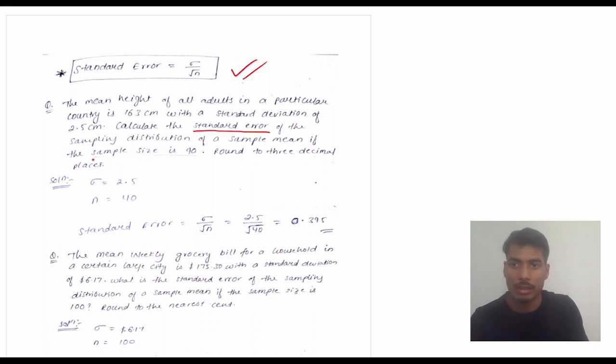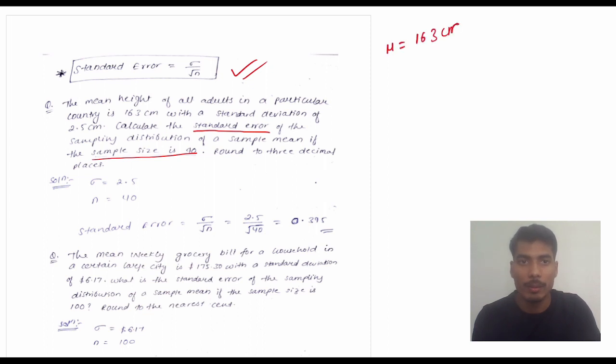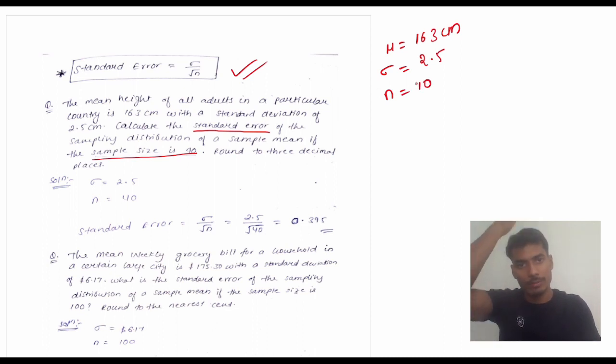Round to 3 decimal places. See, here they give the mean as 163 centimeters, the standard deviation as 2.5 and the sample size as 40, and they said find the standard error.